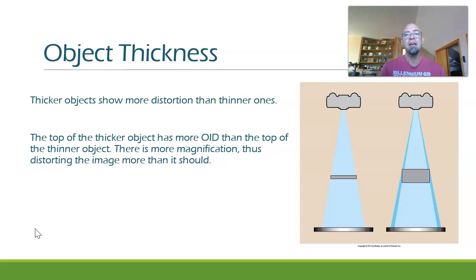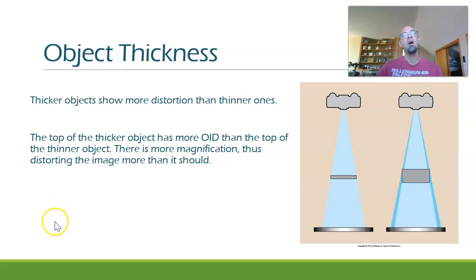The one that's thicker is going to have more distortion because it's a little closer to the tube. Despite the fact that all knees are done at 40 inches, the athlete is going to have a thicker leg, and so therefore it's going to have a shorter SOD, and the top of his leg is going to have a higher OID, and so that is going to cause some distortion.